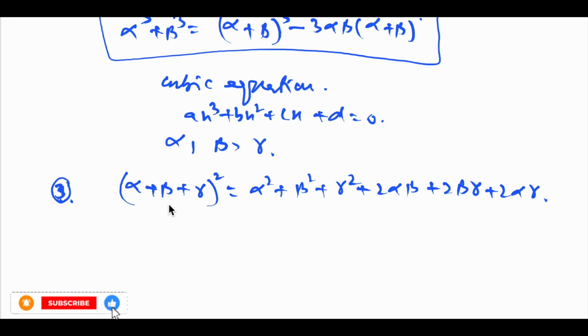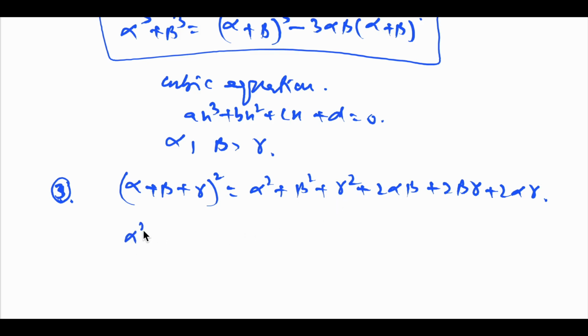So this is alpha plus beta plus gamma whole square, alpha square plus beta square plus gamma square. Multiply these two together and twice. Multiply these two together and twice. Multiply these two together and twice. Now I need only alpha square plus beta square plus gamma square.